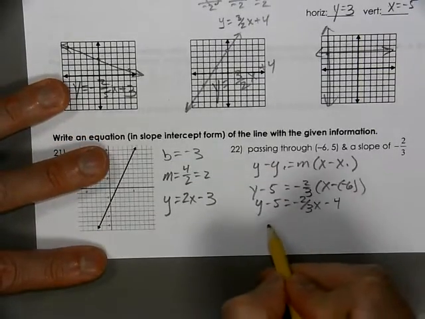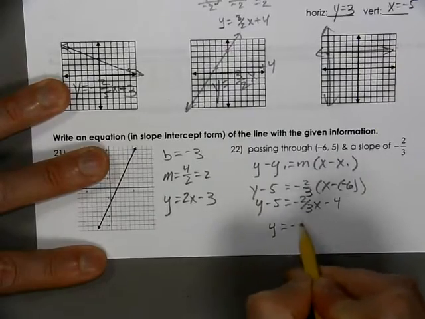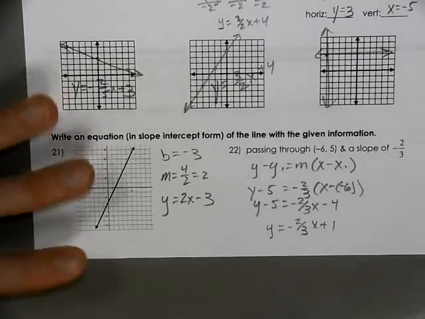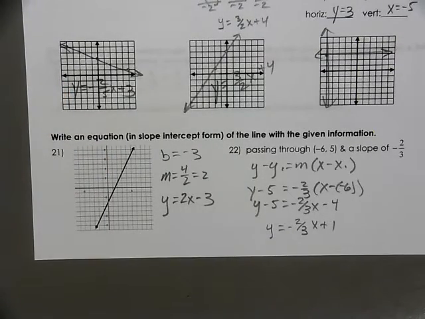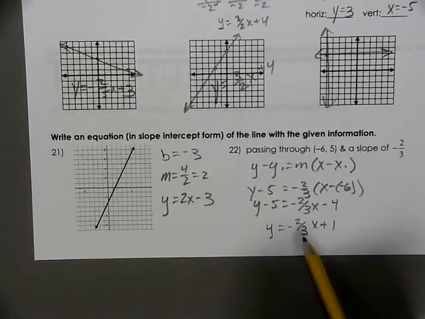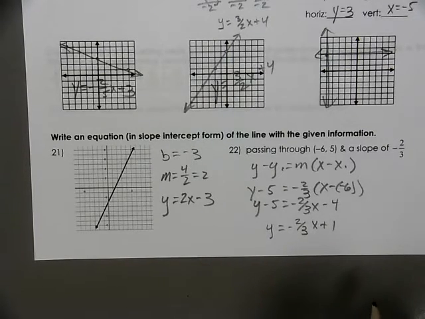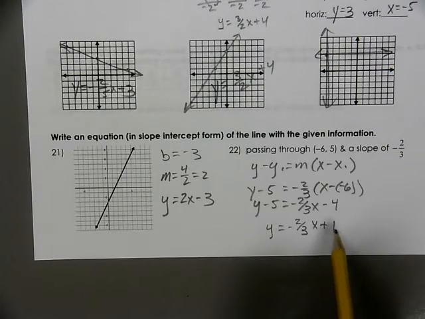Add the 5 across. This is in slope-intercept form. Slope and a y-intercept.